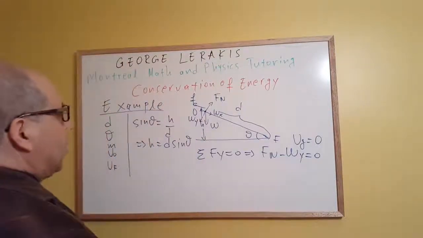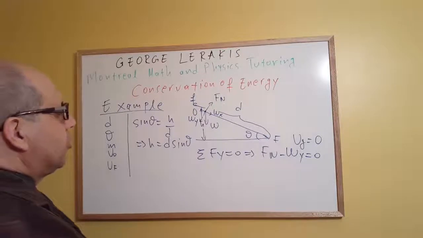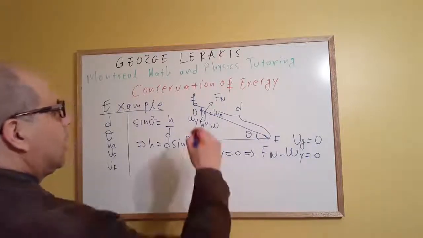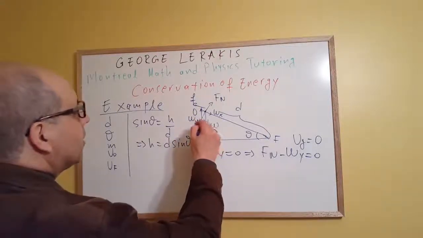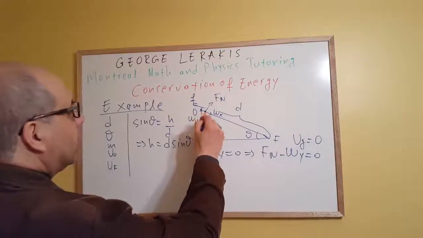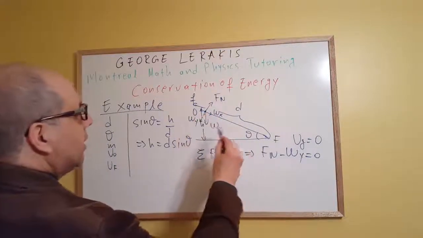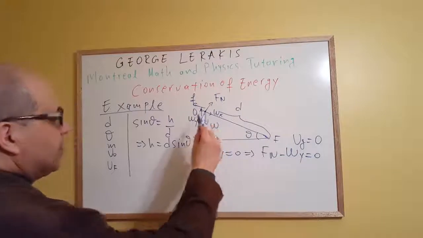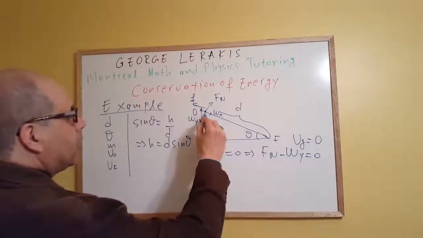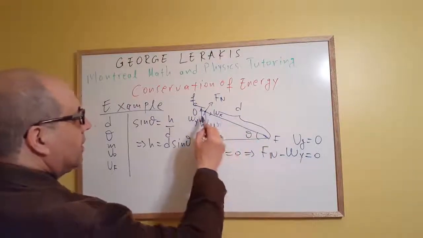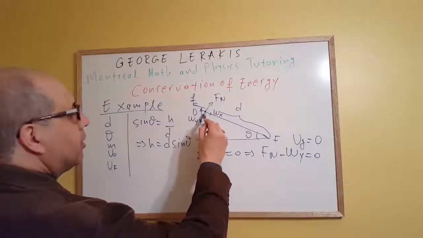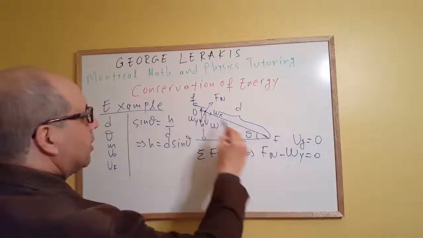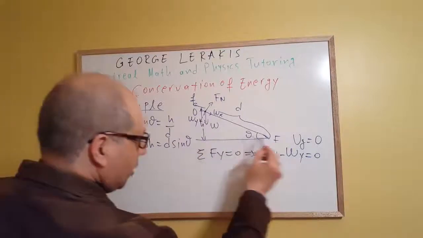And now how much is Wy? From this small triangle here, this angle is theta, because this angle here and this angle here have their sides perpendicular. This side is perpendicular with this side, and this side is perpendicular with this side.